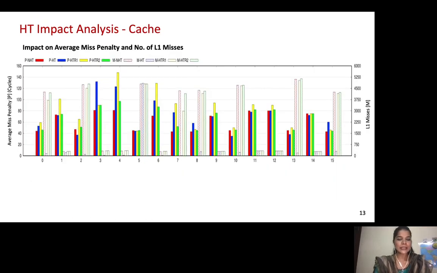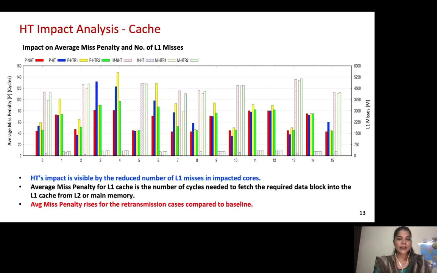Now we talk about the HT impact on cache. Here we try to observe the average miss penalty and the number of L1 misses. The number of L1 misses is given by the right y-axis, while the left y-axis represents average miss penalty. The solid graph represents all the cases where average miss penalty is taken, and all the dotted graphs represent the L1 misses.